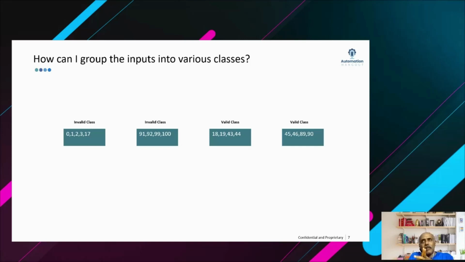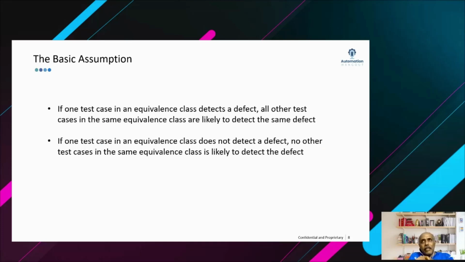Then the third one is a valid age group, people belonging to the 18 to 44 age group. These are people who are eligible for a single dose. And then I have another group where I'm eligible for a second dose if I fall in the 45 to 90 age category.